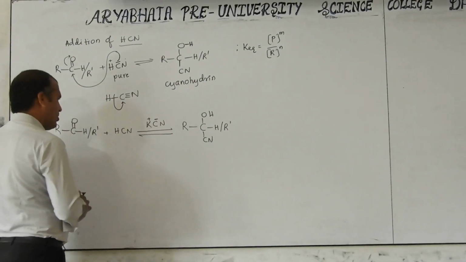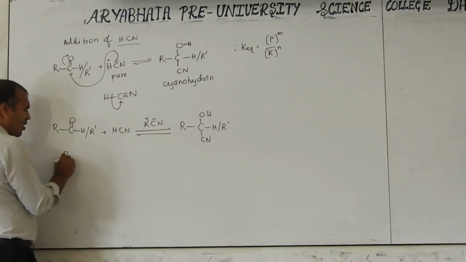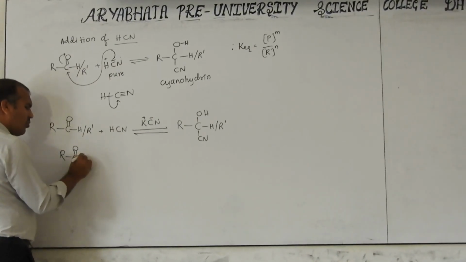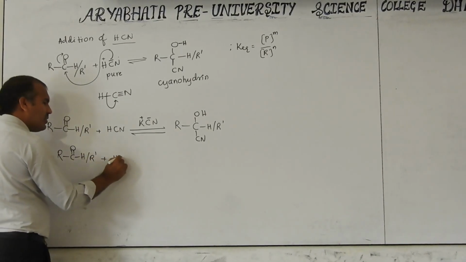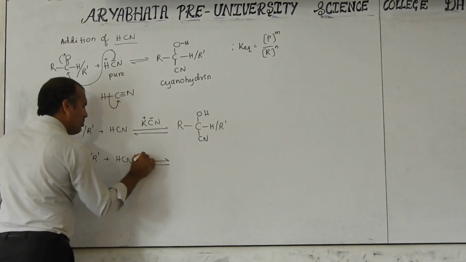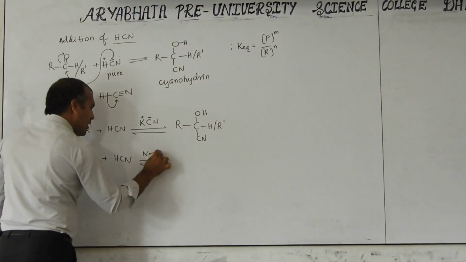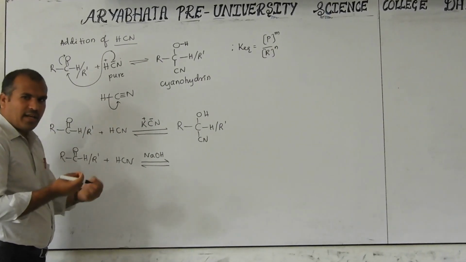Otherwise, according to our textbook, this is also given: R-C=O with H or R dash reacts with HCN in basic medium. In basic medium, for example, NaOH is taken. If you take NaOH, the reaction rate also increases.